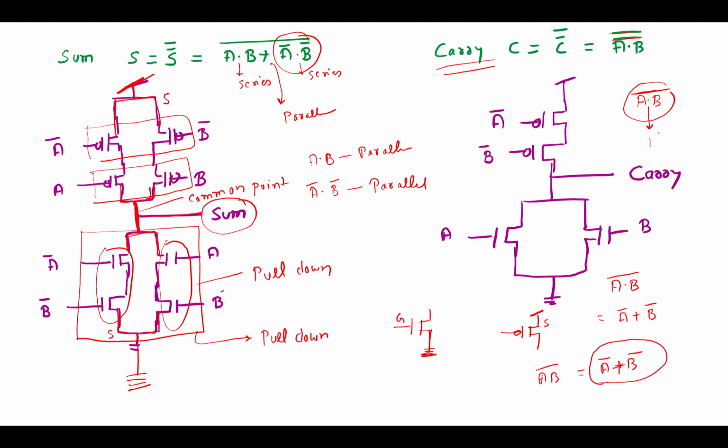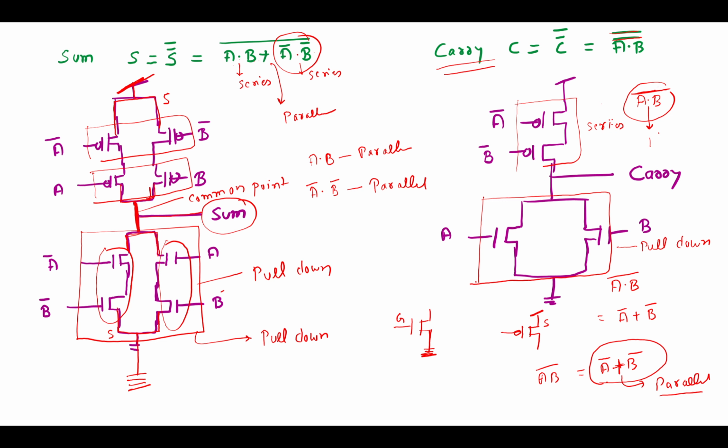Here the plus sign represents the parallel connection for the pull down network, so that's why these two transistors are connected in parallel. This complete block is known as the pull down. The inverse case is here, because if this is parallel connection, then here it is series connection.